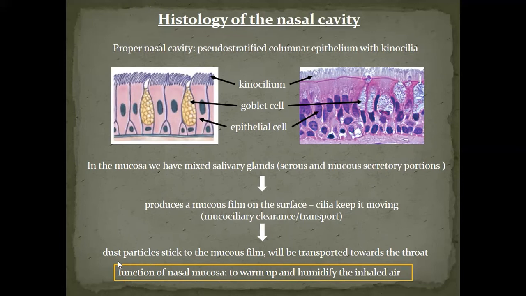On the other hand, the function of the nasal mucosa, so the epithelium and the connective tissue below it, which is the mucosa, is to warm up and to humidify the inhaled air.